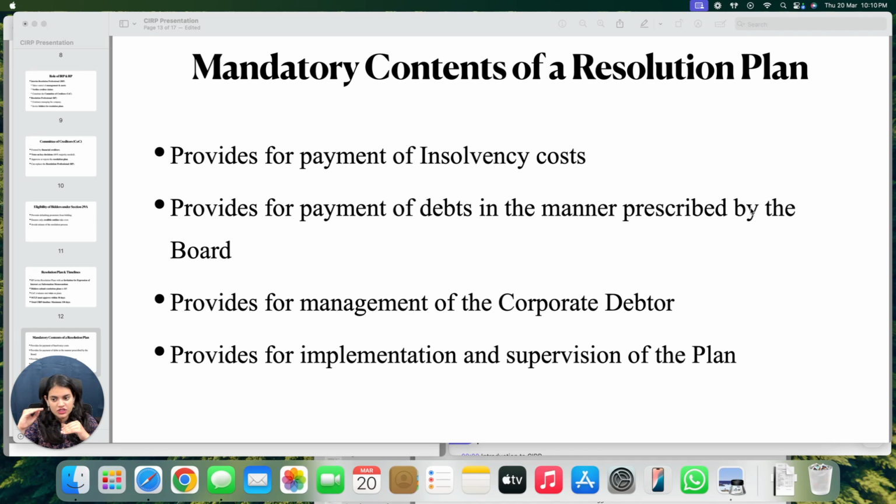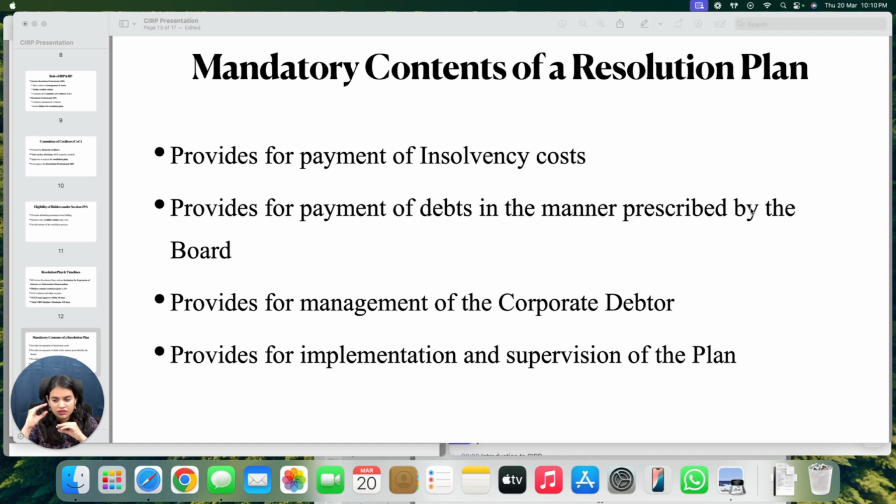Primarily, first the insolvency cost must be paid, then the debt towards operational creditors must be paid in priority. So any amount that they would realize in the event of a liquidation is the minimum amount that they have to be given in any resolution plan.